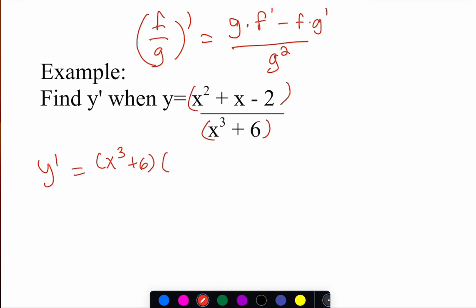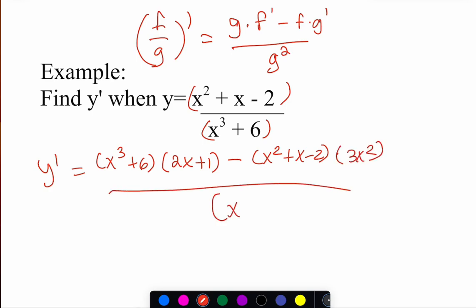We're going to do the derivative of the top. We know how to do the derivative of that. We just do each individual term using the power rules. So it's going to be 2x plus 1 minus the top in parentheses times the derivative of the bottom, 3x squared, all over the bottom squared.